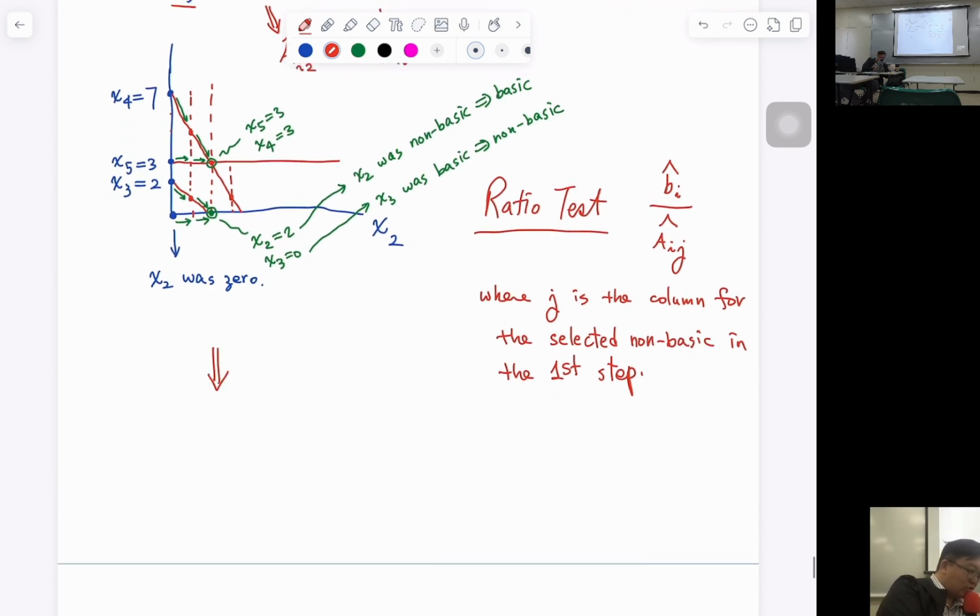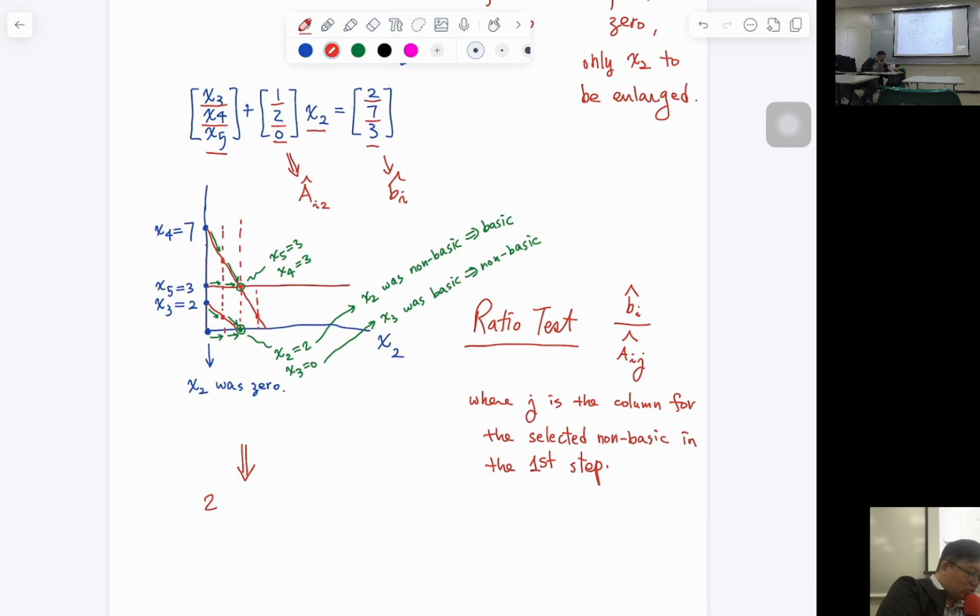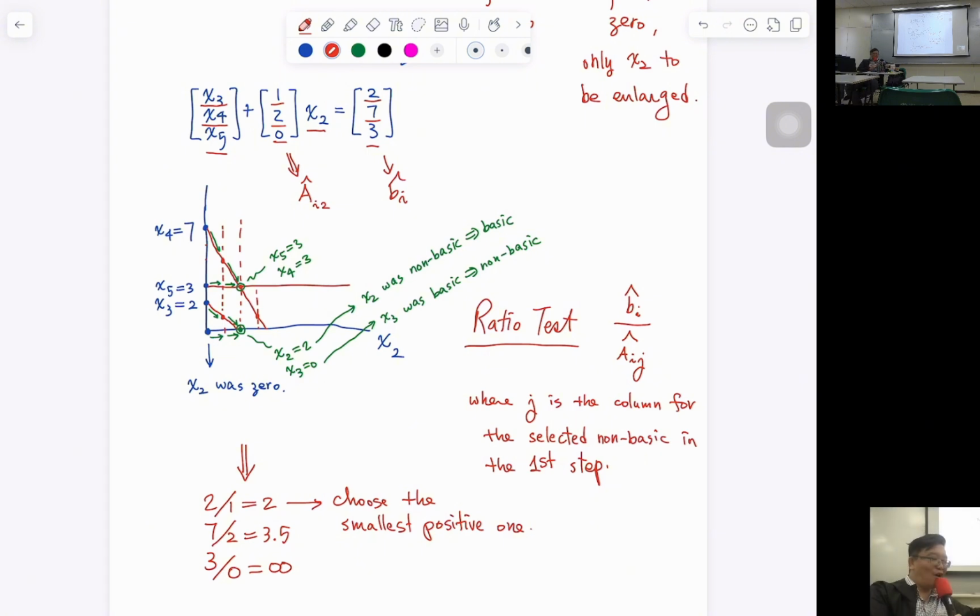So b_i is gonna be 2, 7, and 3 divided by 1, 2, and 0. So this equals 2, this equals 3.5, this equals infinity. Right? Over here, choose the smallest positive one. This is how the procedure works.